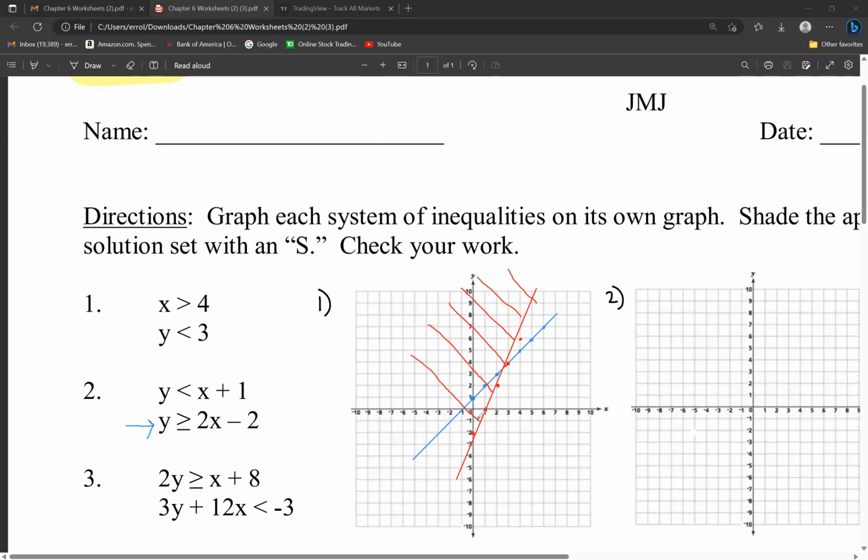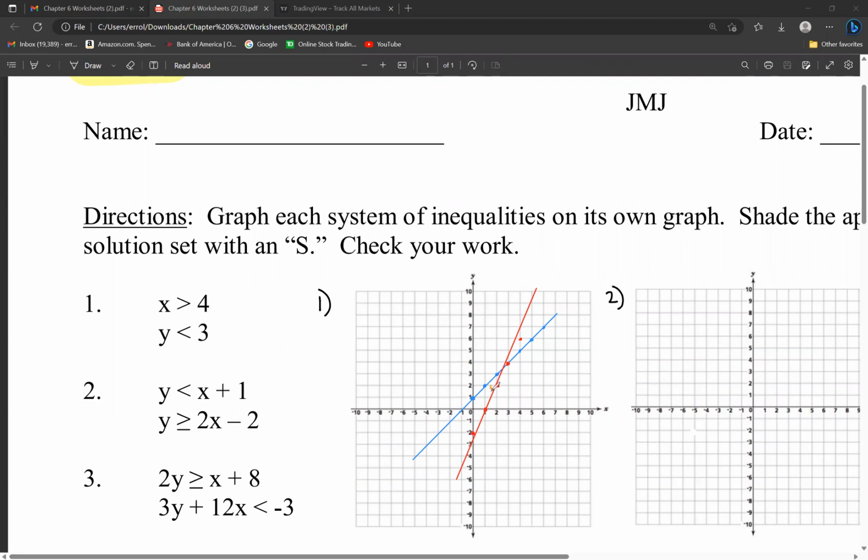And the blue one is below that line, excluding that line. So where should I shade? Like in between. Exactly in between, yep. So I'm going to shade it orange in between.